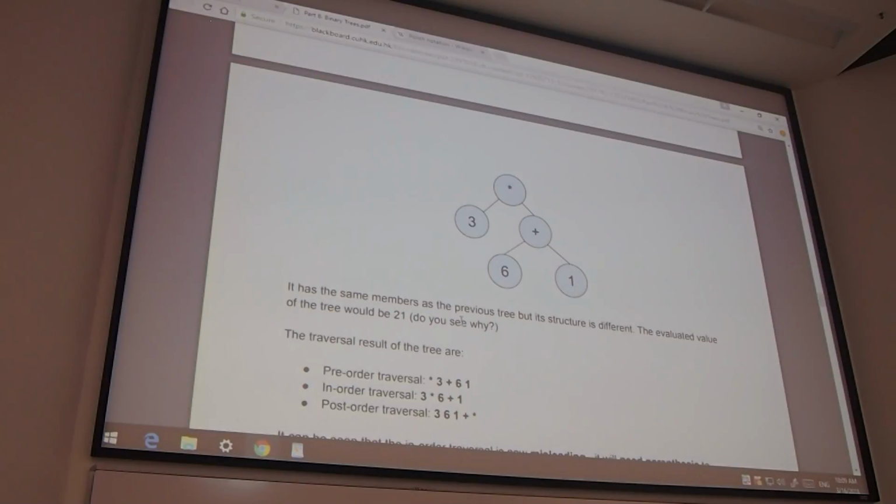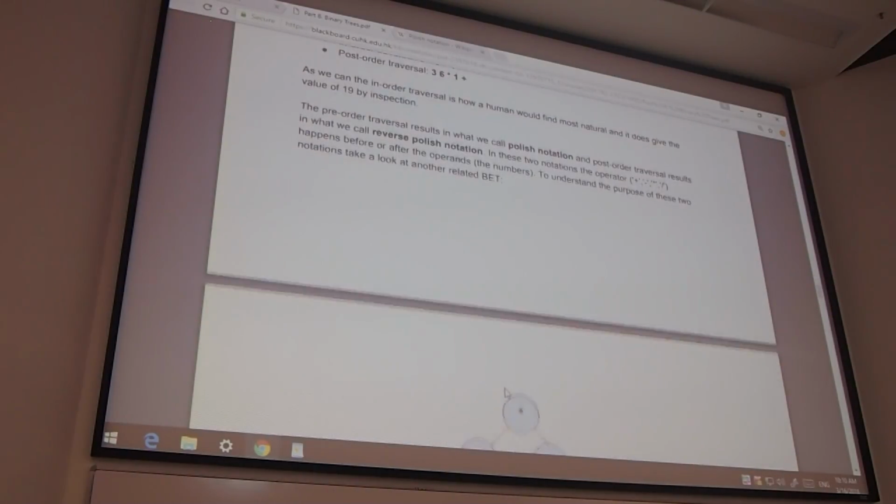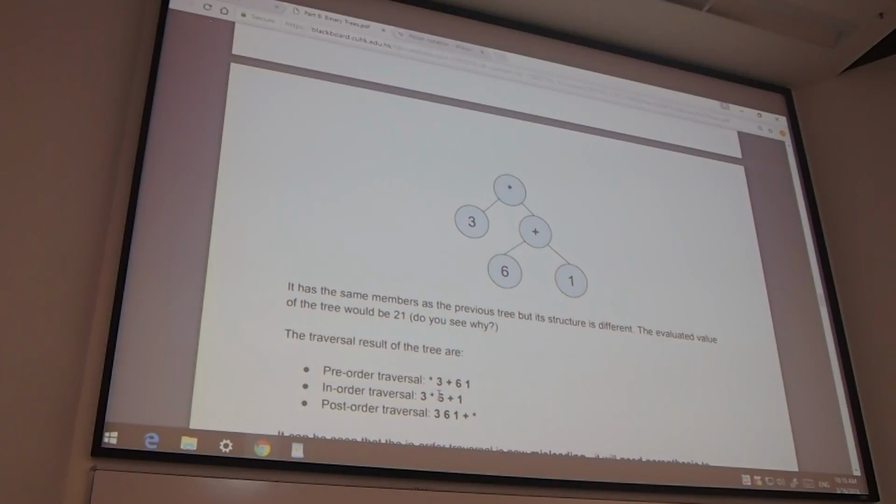But if I do an in-order traversal, start with the star again, 3 star 6 plus 1. The in-order traversal of this tree is exactly the same as the last tree. 3 times 6 plus 1, 3 times 6 plus 1.